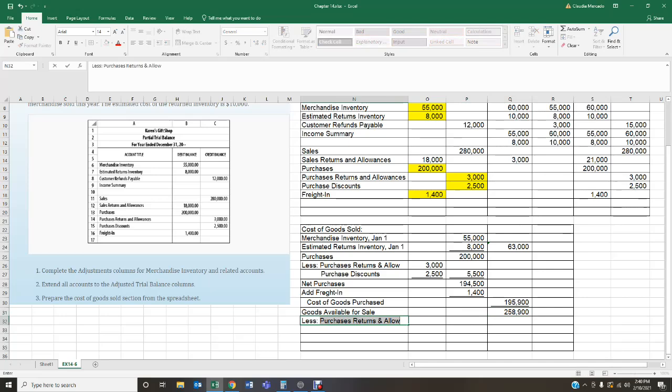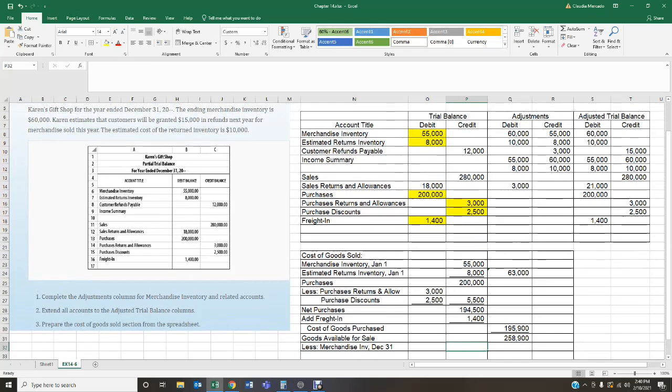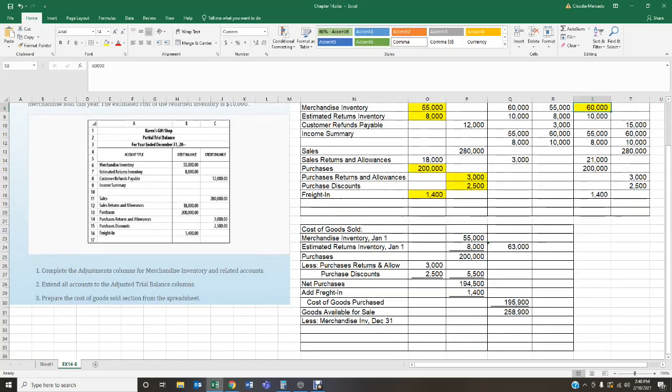Now I'm going to subtract our merchandise inventory December the 31st. Okay, so merchandise inventory on December the 31st, we had $60,000 as of the end of the month. We're going to subtract those $60,000, and we're going to subtract our estimated returns inventory December the 31st.